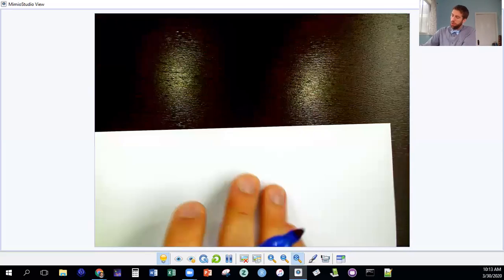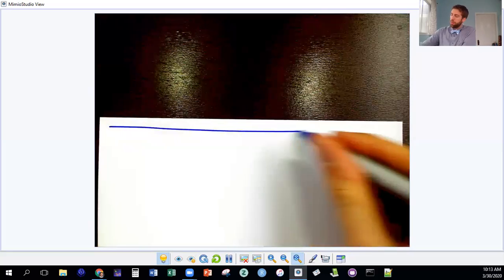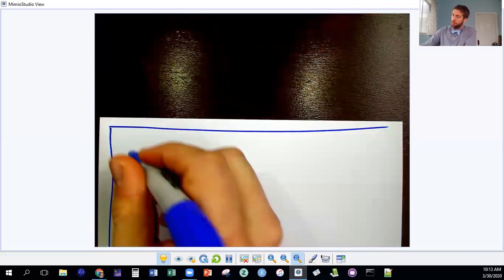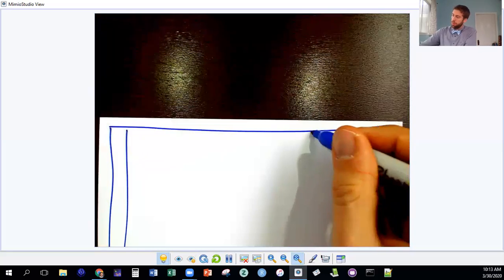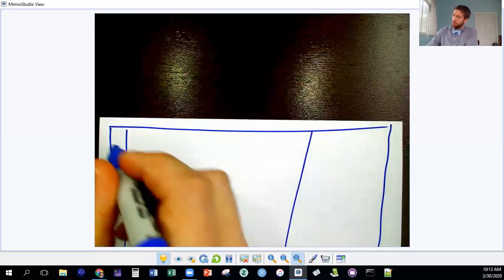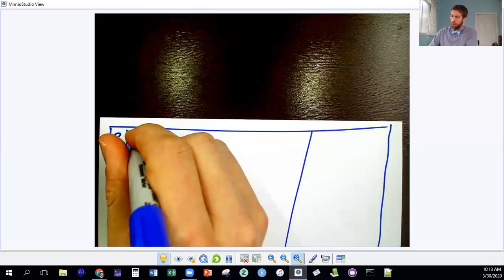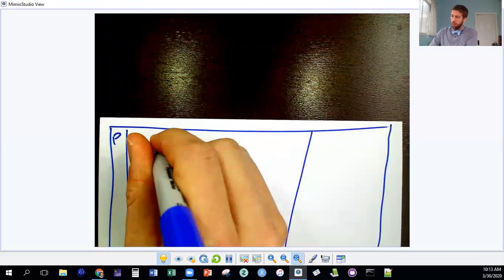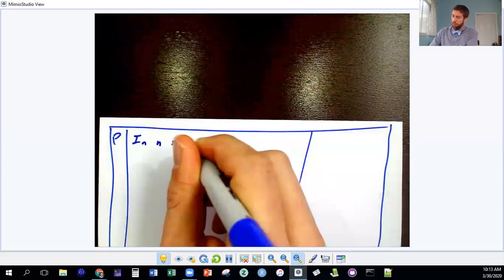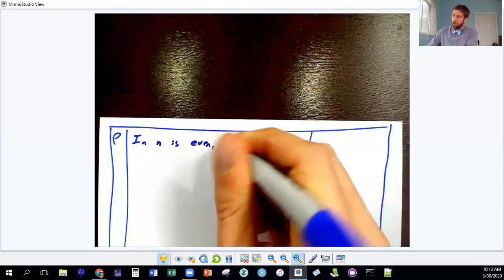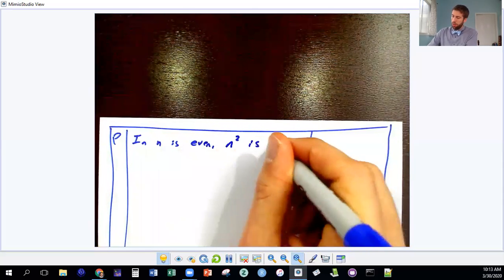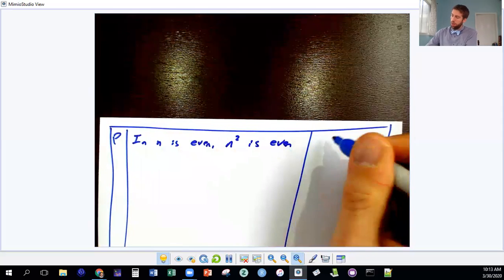So we start off with P, if n is even, then n squared is even. Hypothesis.